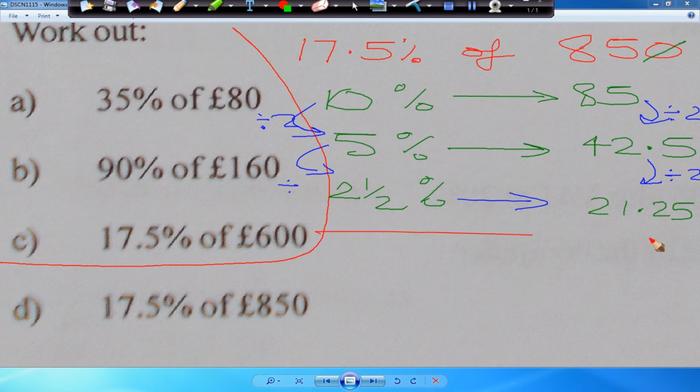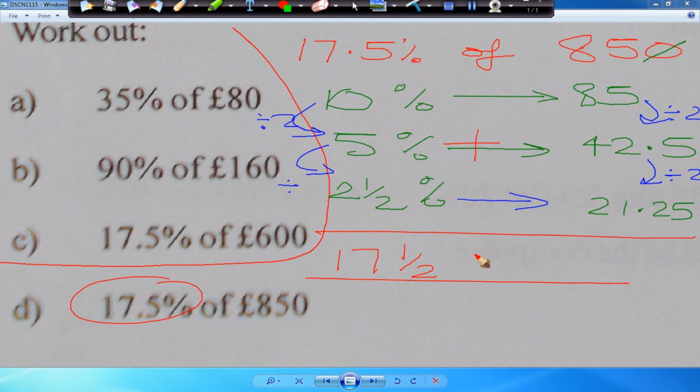Add them all up. So 10 add 5 add 2.5 is what we need, 17.5%. Which is the same as 17.5. Same thing. And then you've got to add up all these and make sure you don't make a mistake with the decimal. So we got here 85.00. So what's on the end? 5, yeah?